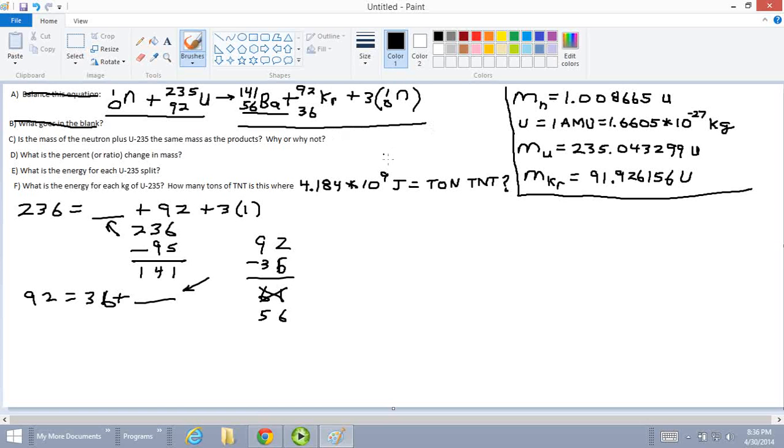Why or why not? It is not equal, because, as we will find out shortly, some mass is lost, converted to energy.